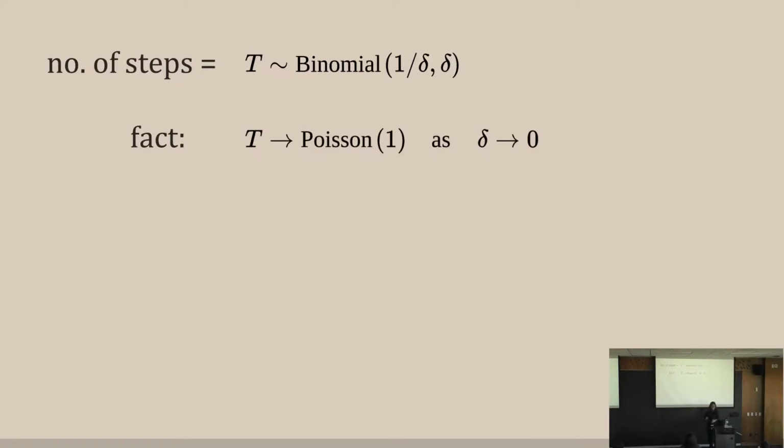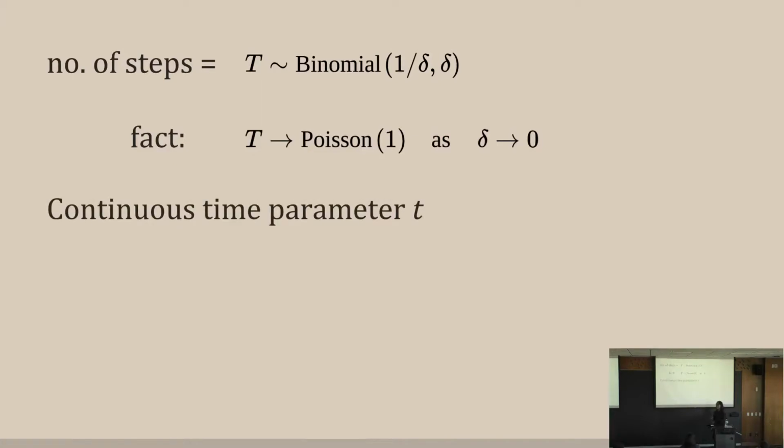At this point there's no real reason we needed to take the time equal to 1. We could have taken any continuous time parameter, so we replace the 1 with some continuous parameter t, and that's called the continuous time random walk.